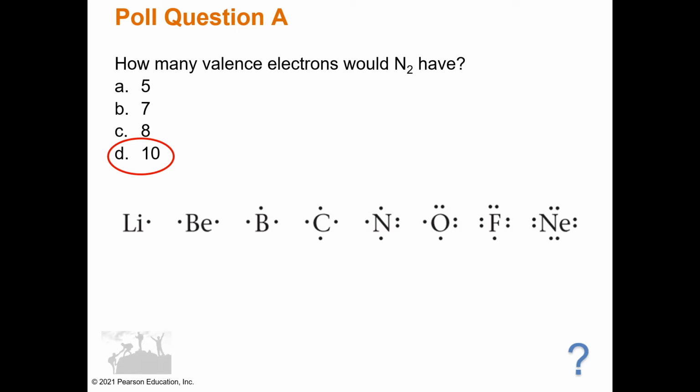Okay, so the answer here is 10. We know that nitrogen is in the 5th column, so one nitrogen would have 5 valence electrons, but because we have N2, we have another nitrogen involved, so 5 plus 5 equals 10.